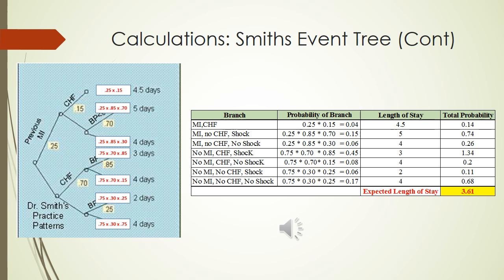The first column gives the branch segments, the endpoints we're looking at. We multiply these probabilities to get the probability of each branch, and then we multiply this by the length of stay to get the total probability.